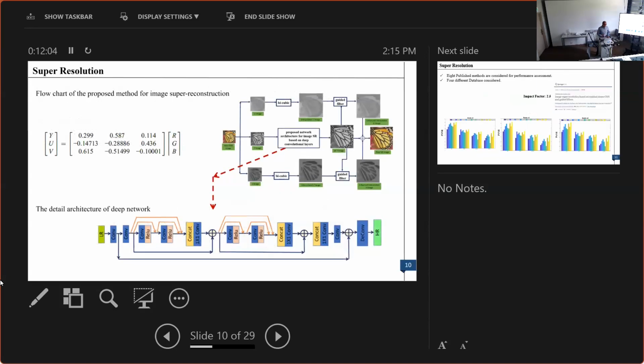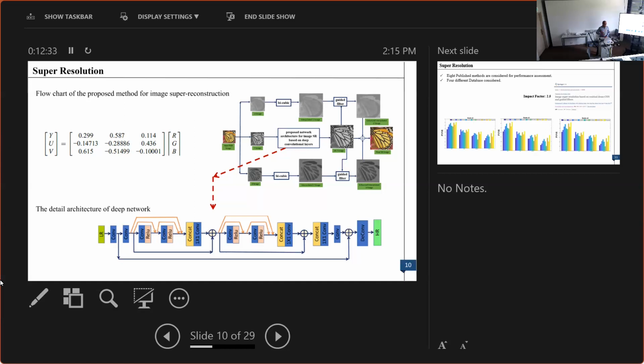I proposed a flow chart, one algorithm. In that algorithm, I changed the RGB channels to YUV channels. The intuition is that most of the information can be considered to be in the Y channel.